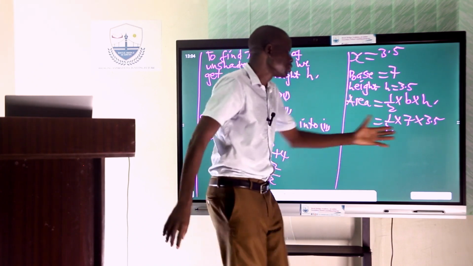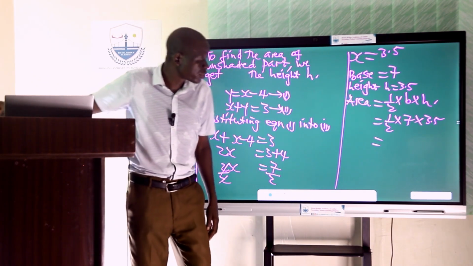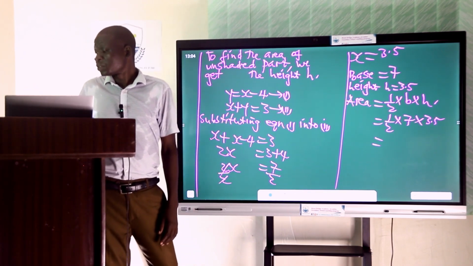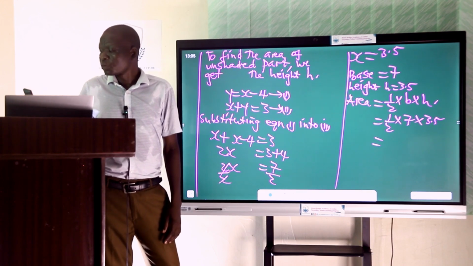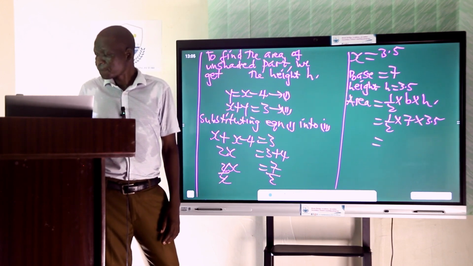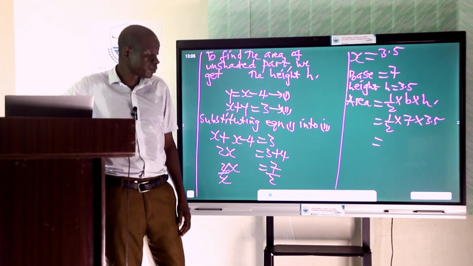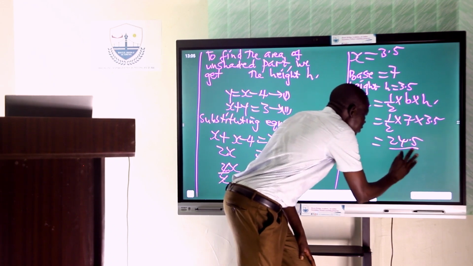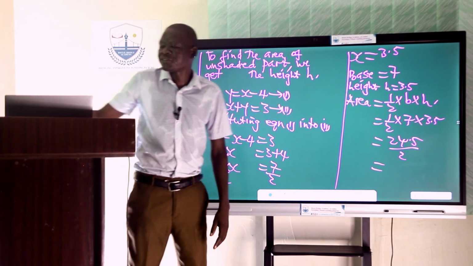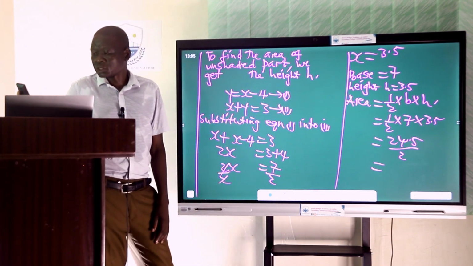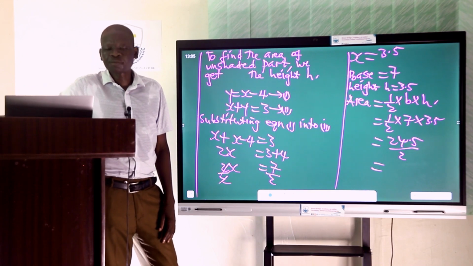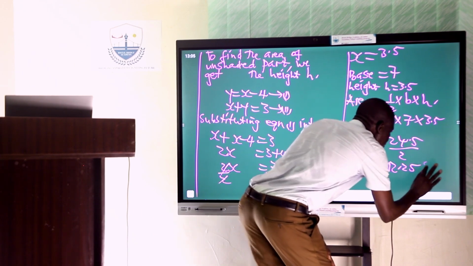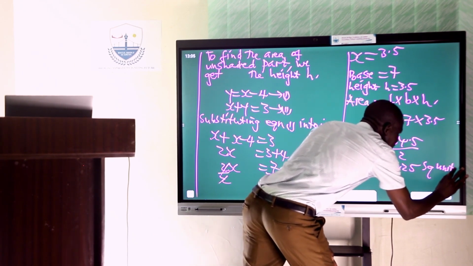When we simplify, we have 7 times 3.5, which gives 24.5, all over 2. 24.5 divided by 2 gives 12.25 square units as the area.